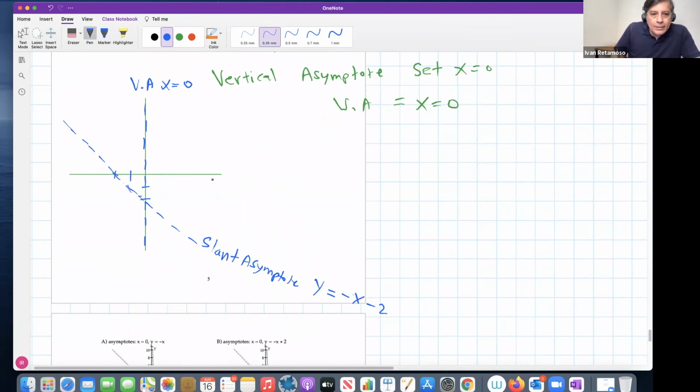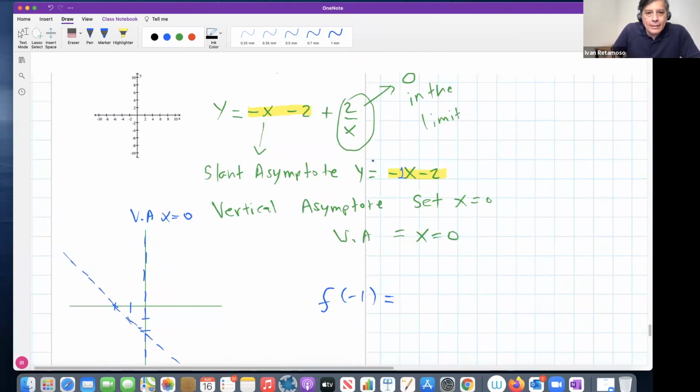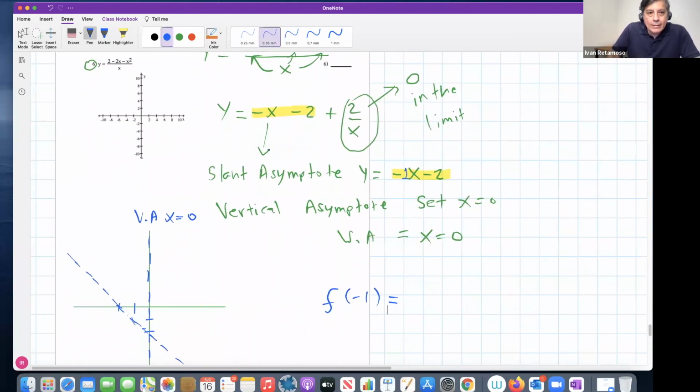First test point that I'm going to use is minus 1, which would be a good test point, right? Because it's here and I will get to know. So evaluate your function at minus 1. What do you get? Your original function evaluated at minus 1 will be 2 minus 2 times minus 1, minus minus 1 squared over minus 1.